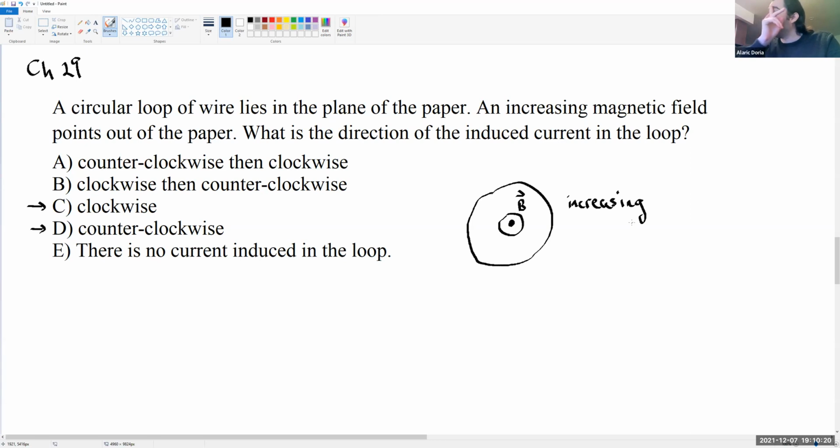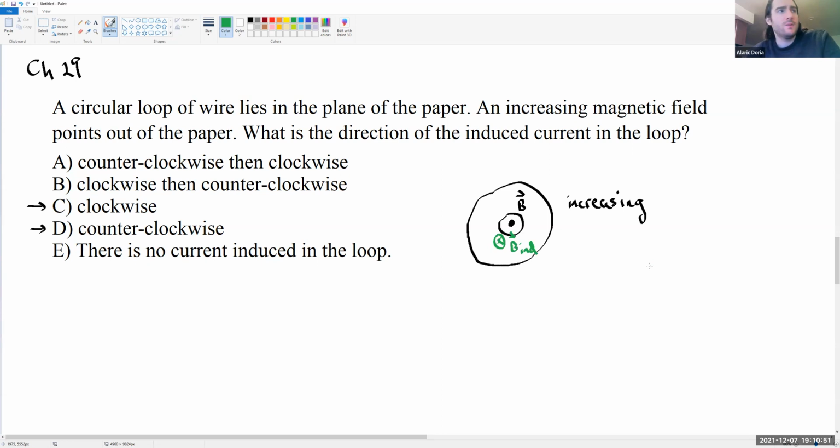So once we've identified how the magnetic field is changing, we need to go against that change, right? So the induced magnetic field is going to go into the page because this magnetic field is increasing out of the page. Okay, so our induced magnetic field, I'll do it in green, is going to be into the page.